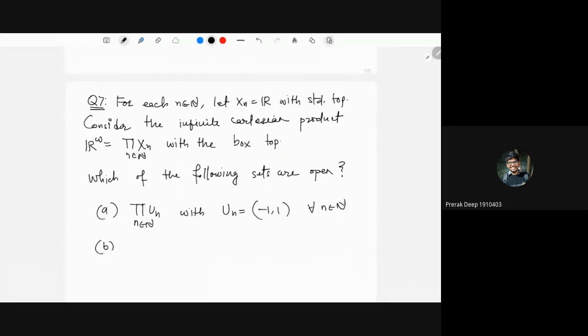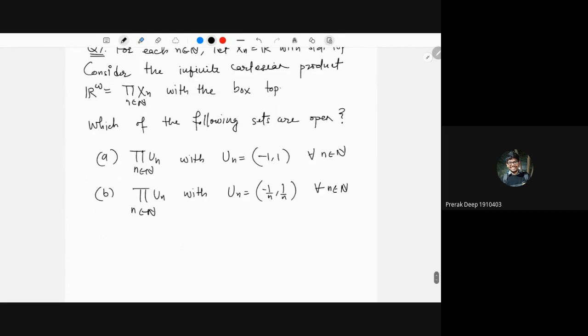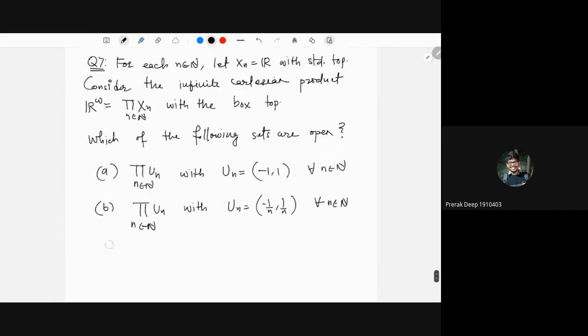Option B: the infinite product of open sets with U_n equal to (-1/n, 1/n) for all n in the natural numbers. Option C: the infinite product of U_n with U_n being the singleton {0} for all n.